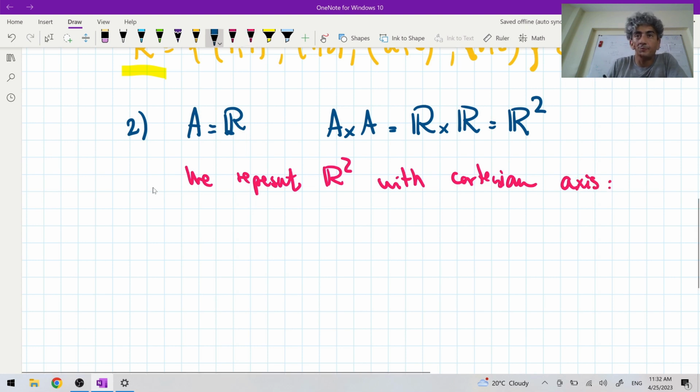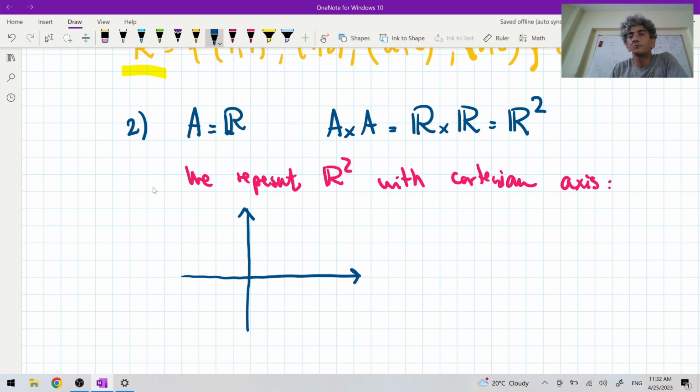So we usually write this graph or this picture just to see R squared.